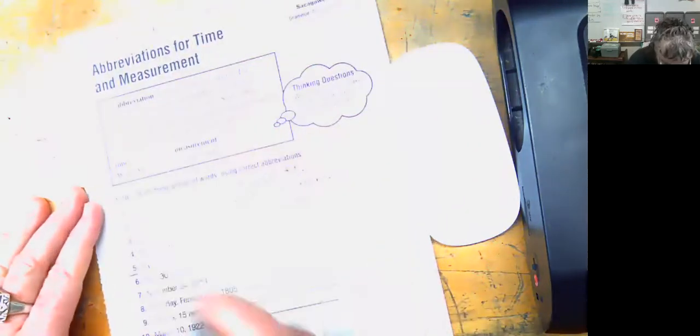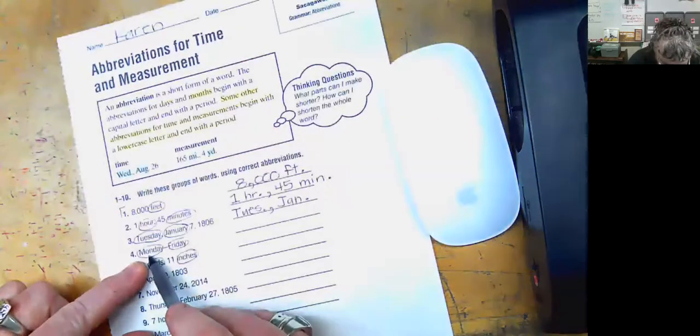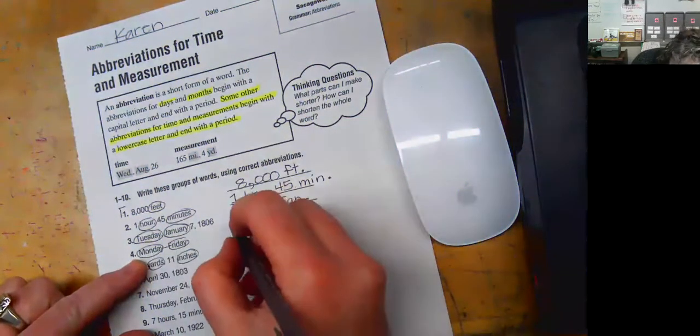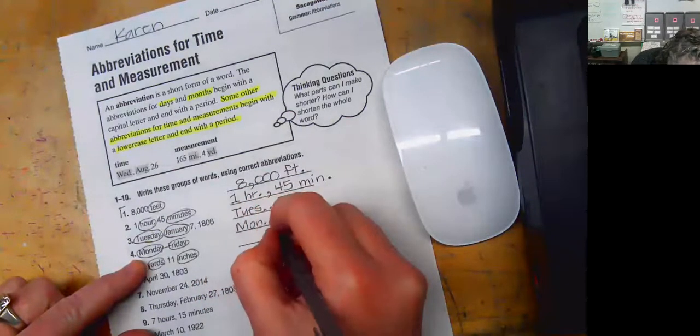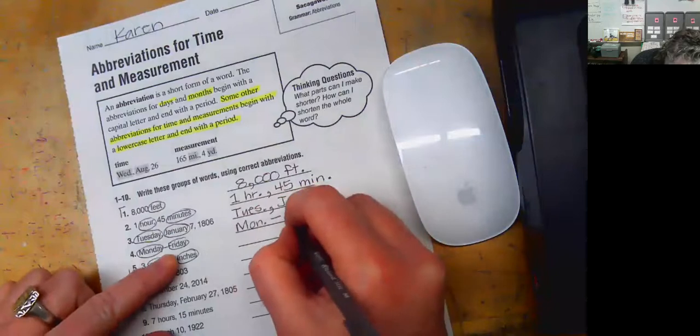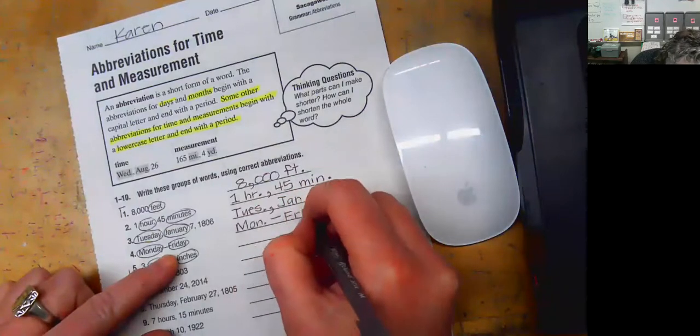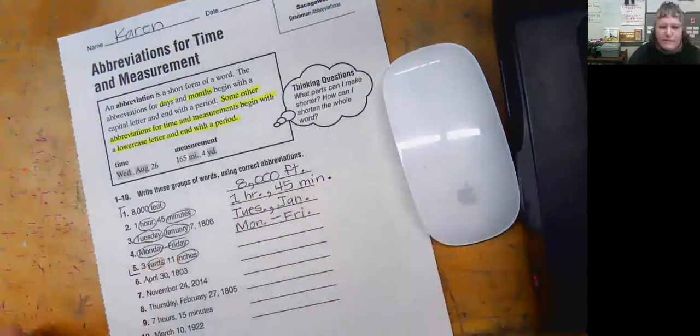All right. So on number 4, we have Monday through Friday. So I'm going to do capital MON period, my little through sign, and then FRI and a period.